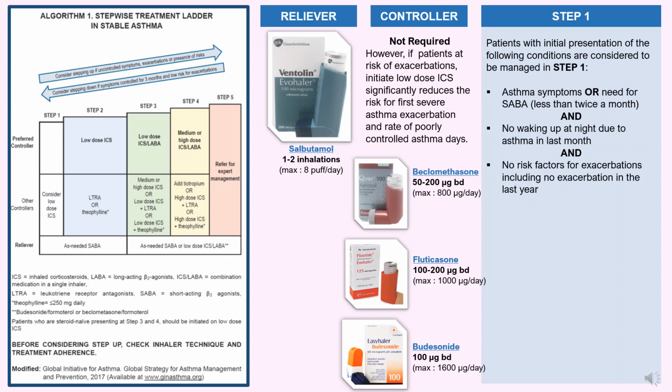For this kind of patient, we only prescribe salbutamol, taken when needed or during acute attack. Controller is not required unless the patient has risk of exacerbations. We can advise physicians to initiate low-dose ICS such as beclomethasone, fluticasone, and budesonide.